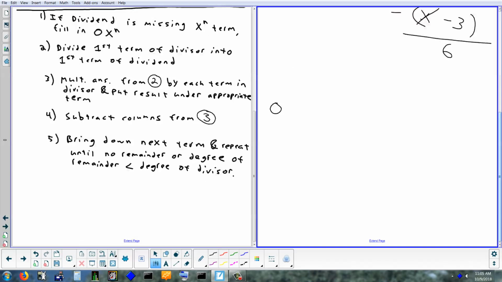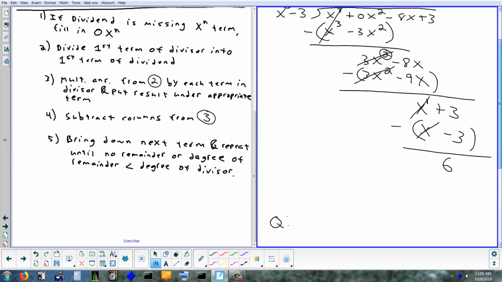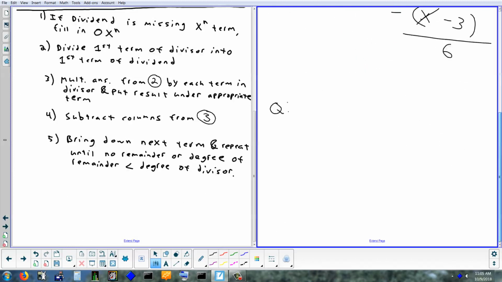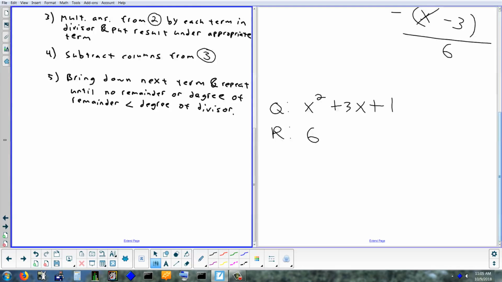The quotient was x squared plus 3x plus 1. So you can write quotient and the remainder 6. You could write it separate. Or you could write it the way you would sometimes if it was actual numbers. Let's say you had 12 divided by, let's do 7.